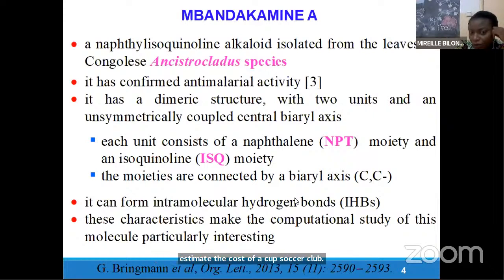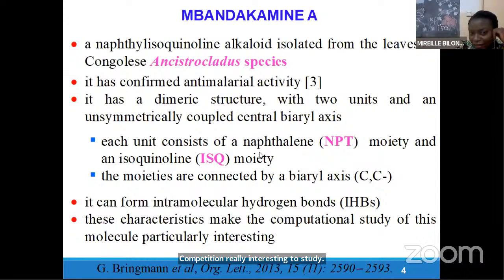And each unit consists of a naphthalene moiety and an isoquinoline moiety. And those moieties are connected by a biaryl axis. It can have intramolecular hydrogen bonds, which make this molecule computationally interesting to study.